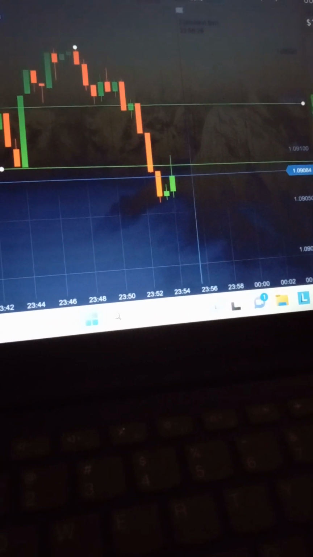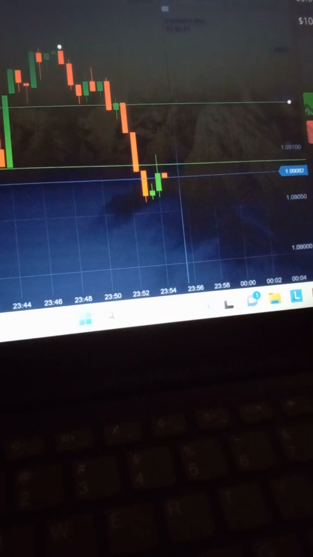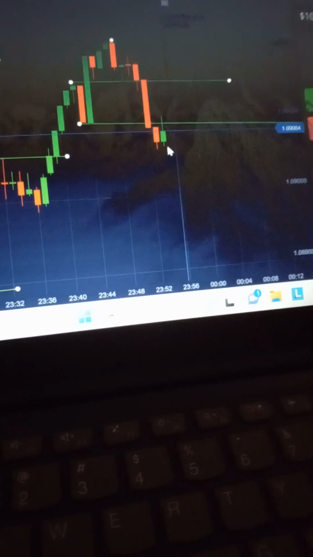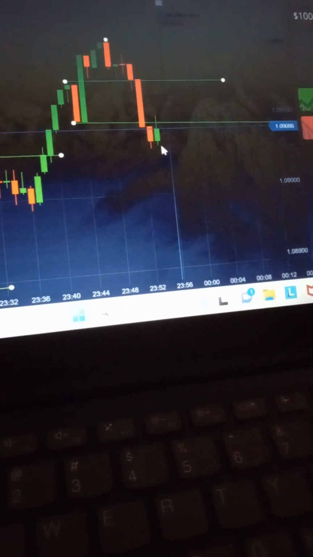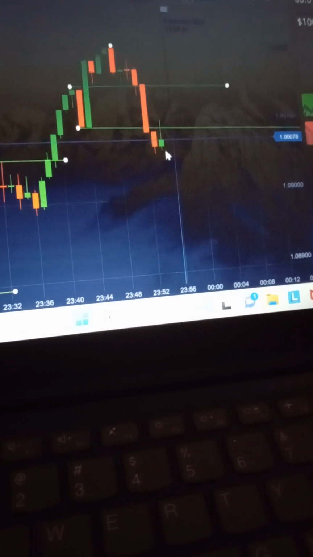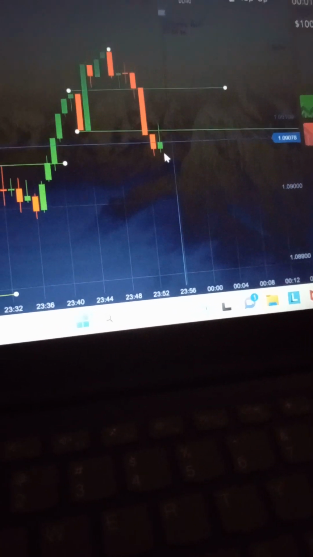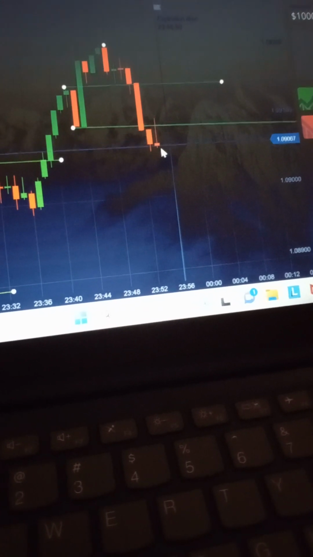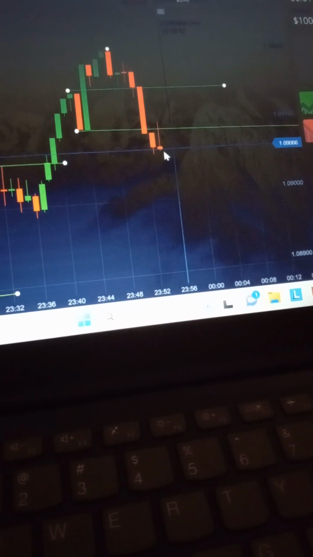Because oftentimes when you see price break through support or resistance on the time frame that you trade on, like this right here, you think that it's a good time for you to enter the trade. But what you don't know is that it could be a possible false breakout.